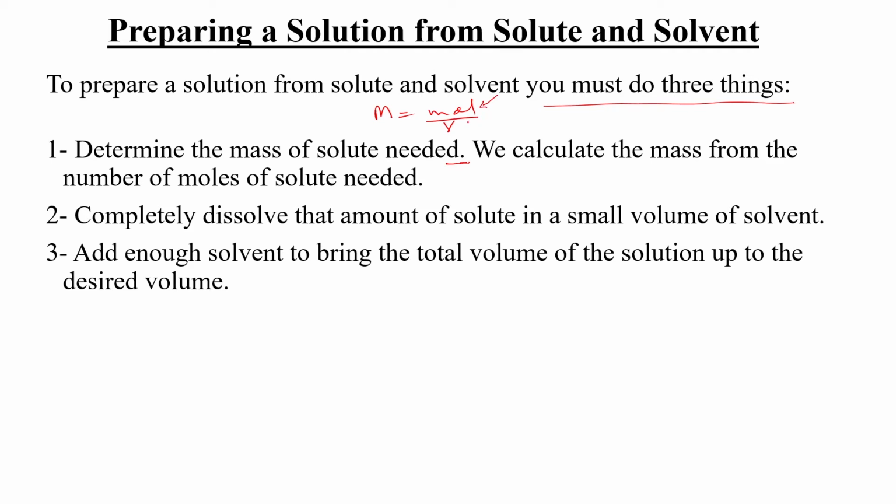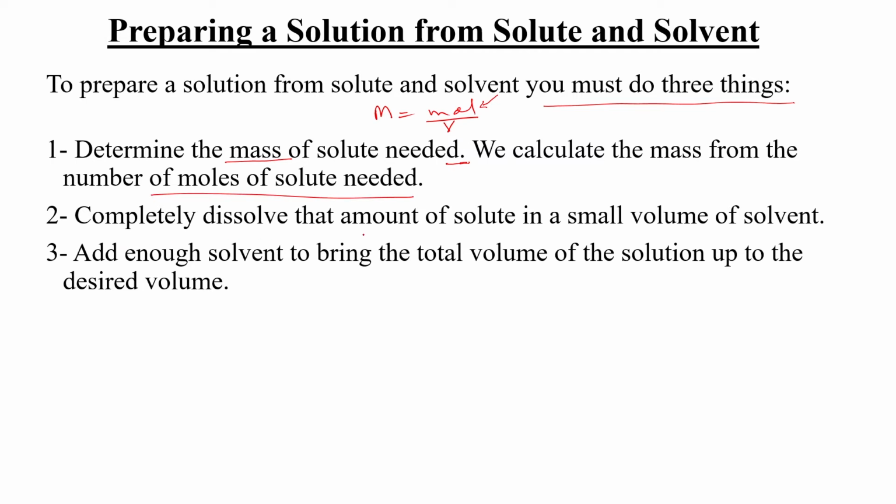But when you are preparing a solution, we cannot weigh moles. So when we have moles, you have to convert those moles to mass. First, determine the number of moles needed for the solution and then convert those moles to mass. So we calculate the mass from the number of moles of solute needed.